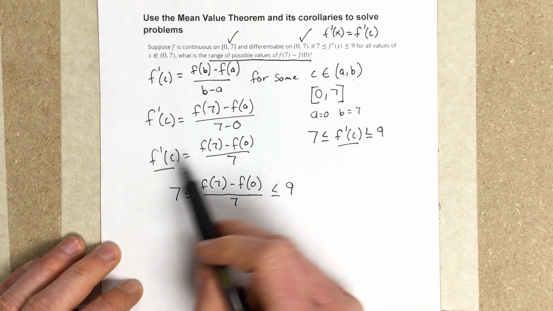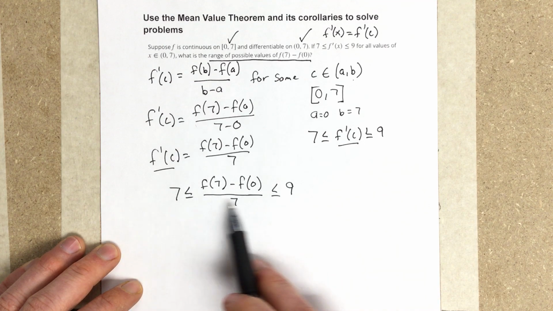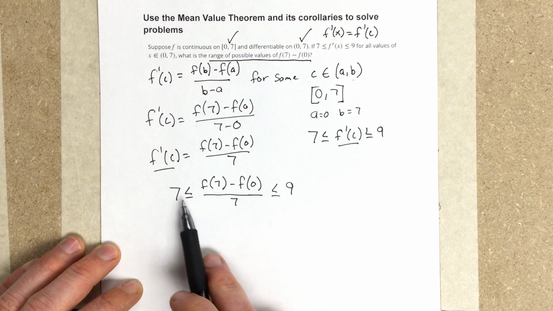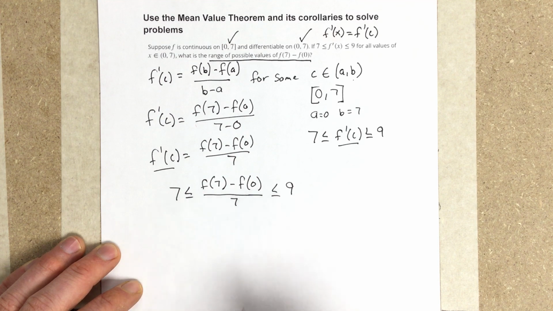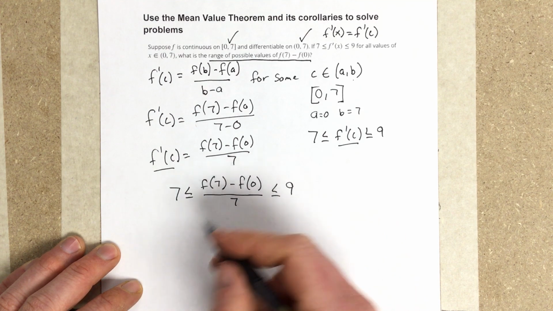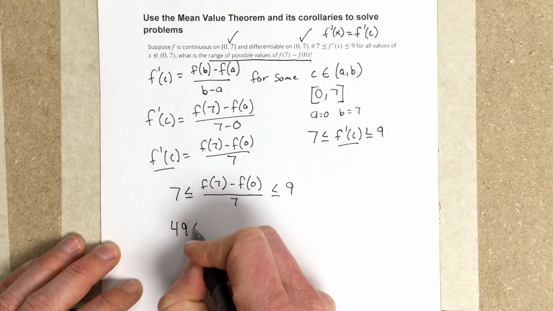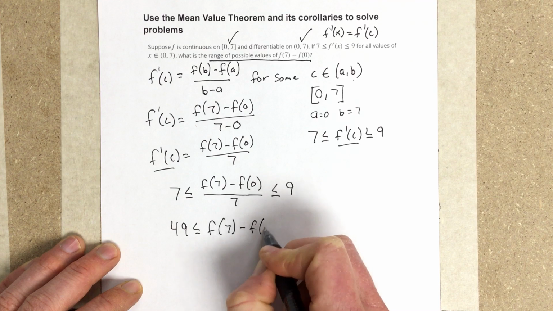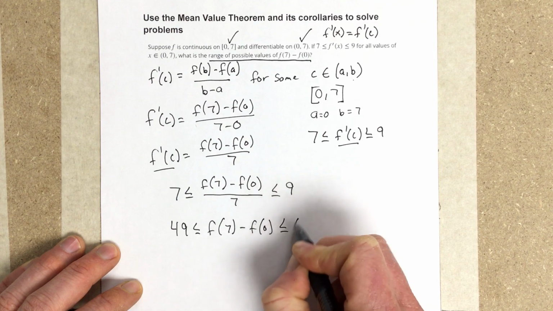So that's a nice substitution, because now I'm pinching this value for f prime of c in between 7 and 9, and I can figure out by multiplying by 7 on each side that 49 is going to be less than or equal to f of 7 minus f of 0, which is less than or equal to 63.